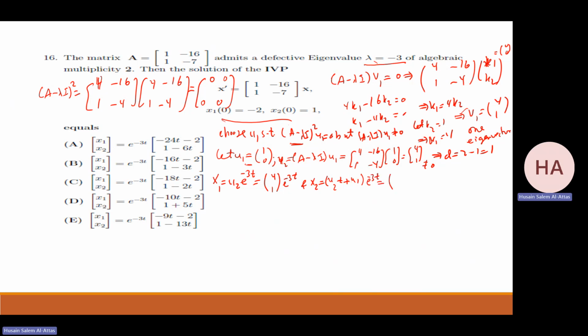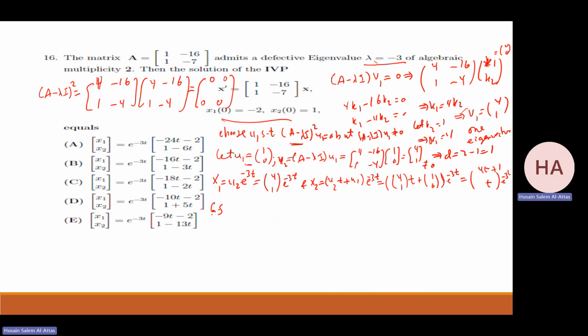Where u2 is 4, 1, so that is 4, 1 t plus 1, 0, e to the power minus 3t. You need to write it this way, I think it's better. That will be 4t plus 1, t, e to the power minus 3t.